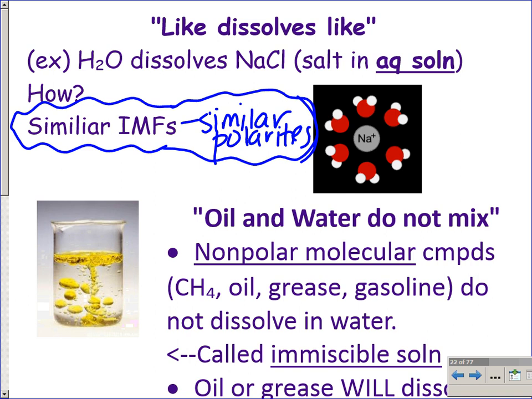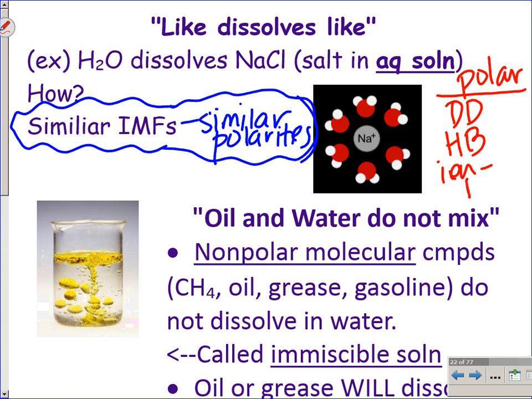A partial positive and a partial negative attract. They might attract through dipole-dipole, ion-dipole, or hydrogen bonding. So anything that's polar will interact through dipole-dipole, hydrogen bonding, or ion-dipole. But that still means that they're similar in their polarities.